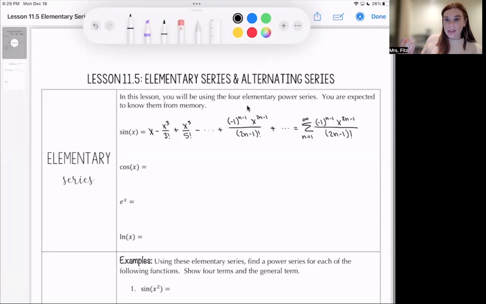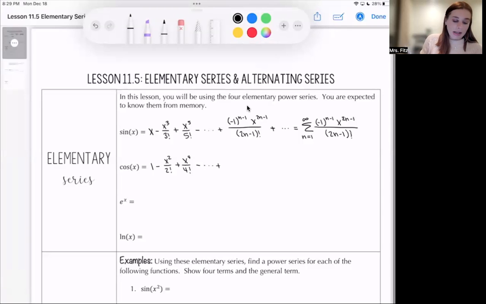All right, cosine of x, this one actually starts out with 1, and then we get all of the even powers of x. So we have 1 minus x squared over 2 factorial plus x to the 4th over 4 factorial, and then minus dot dot dot. We'll go ahead and write in our general term.